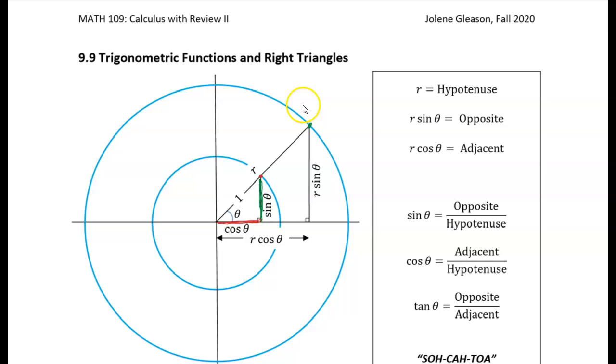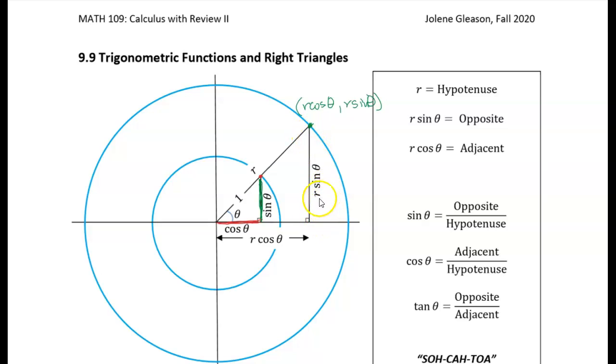We learned that as well. Those are the coordinates of this point on a circle of radius r. But you can also see that as the legs of a triangle. If we drop this perpendicular down to the x-axis, the horizontal distance is the x-coordinate, and the vertical distance here is the y-coordinate.